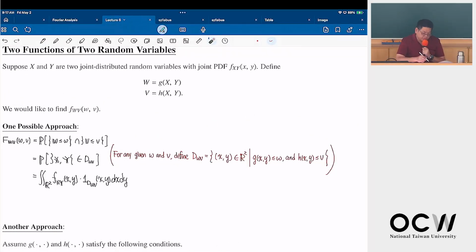And then to find the joint PDF, we can take the derivative of our joint CDF.